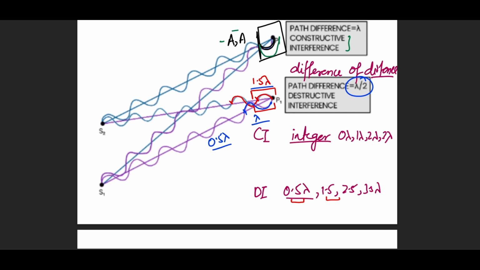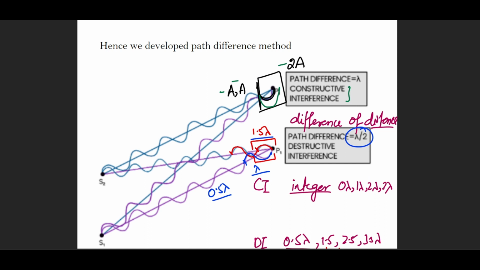This half a wavelength at the end of its life means that at the point of meeting, one wave is coming like this and the other wave is coming like this. I can see that the red one has a crest and the blue one has a trough. They will destroy each other because they're opposite to one another. Their answer will be 0.